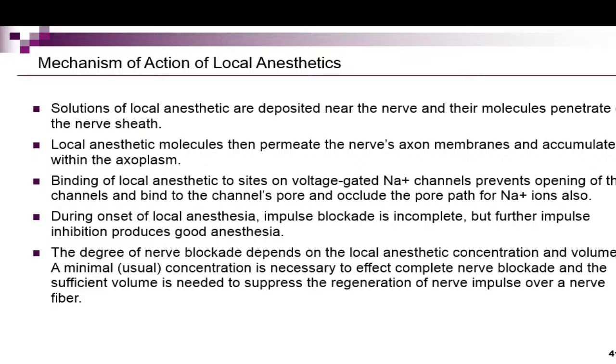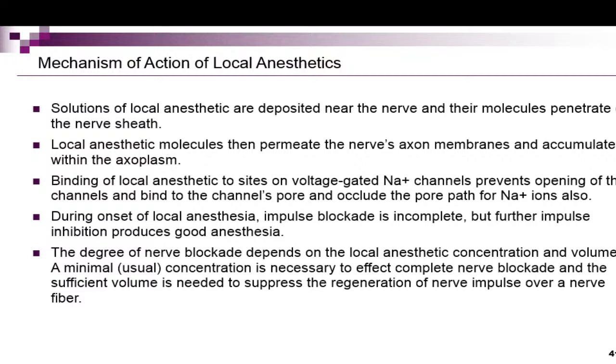During onset of local anesthesia, impulse blockade is incomplete, but further impulse inhibition produces good anesthesia. The degree of nerve blockade depends on the local anesthetic concentration and its volume. A minimal concentration is necessary to effect complete nerve blockade, and sufficient volume is needed to suppress the regeneration of nerve impulse or a nerve fiber.